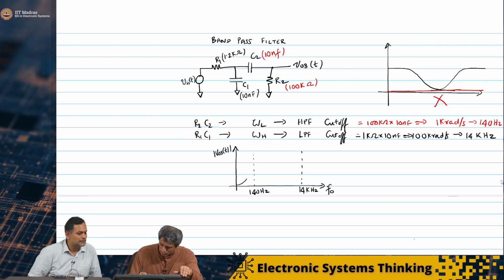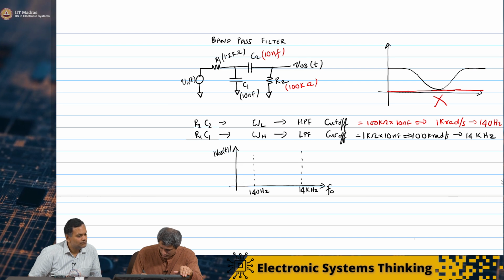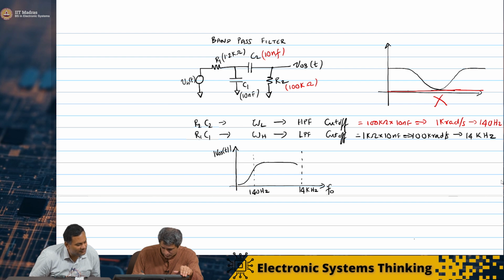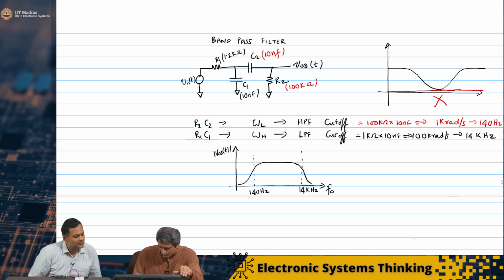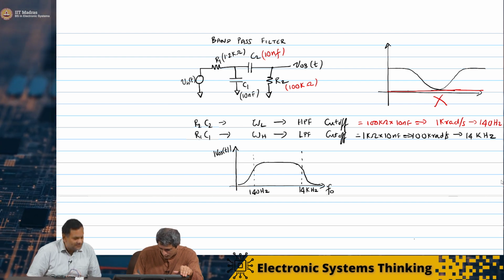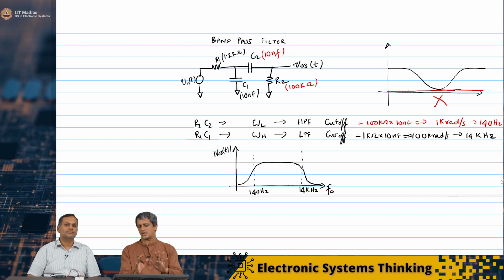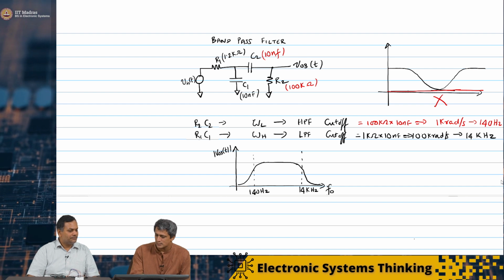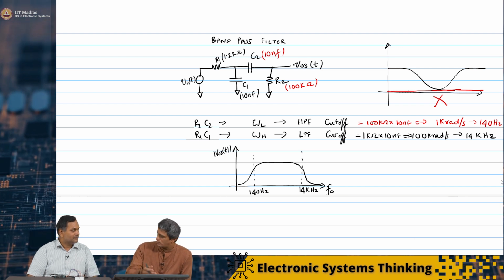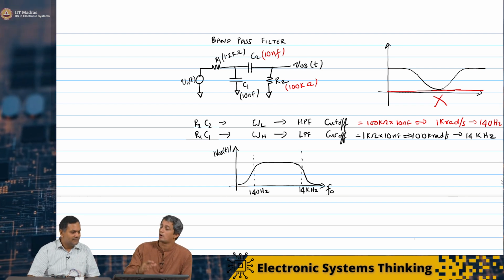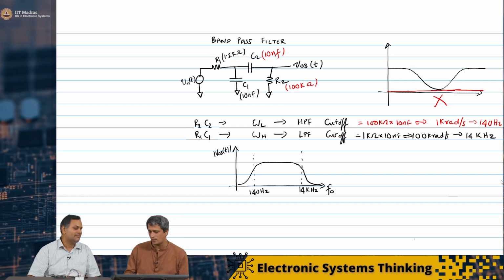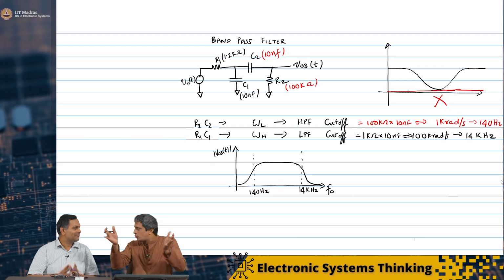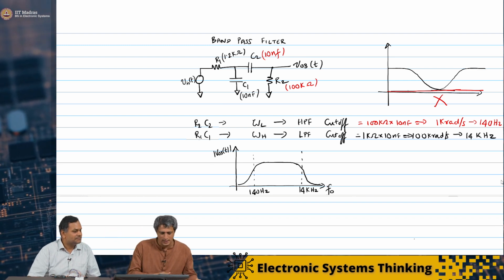So some picture like this is what we should expect. As you go below 140 hertz, it starts diminishing. Above 14 kilohertz, it again starts diminishing. And in between, you should see it go up and then saturate for some time.